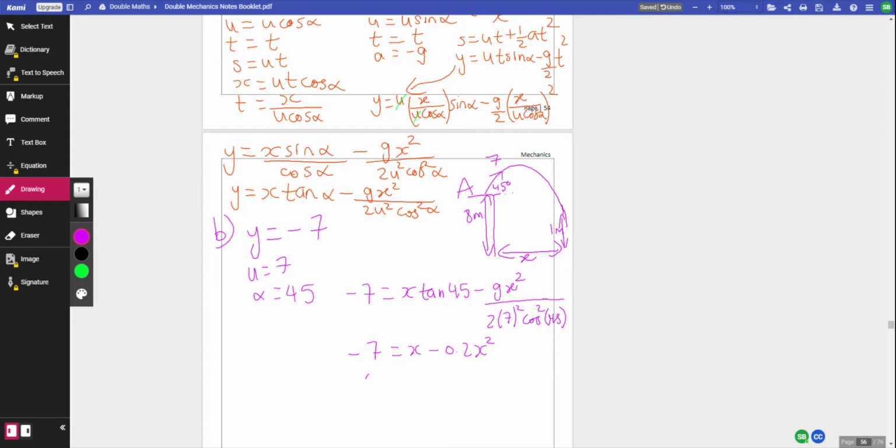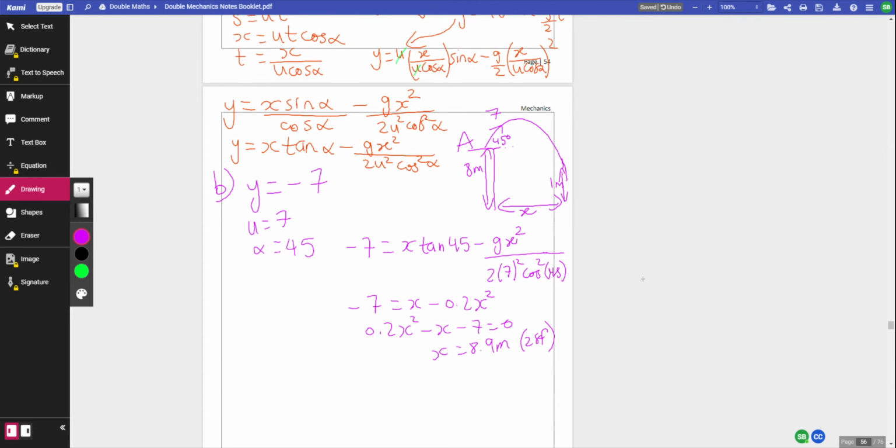And then if we rearrange that and use our calculators to solve, we get x equals 8.9 meters to two significant figures. Remember, if you use g equals 9.8 in any of your working out, you need to be rounding your final answers to two significant figures.